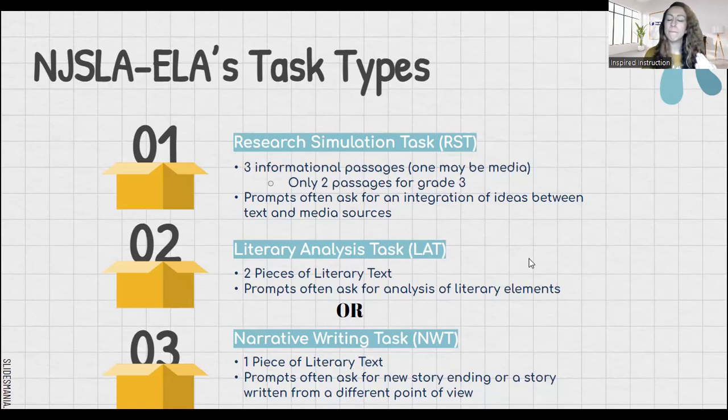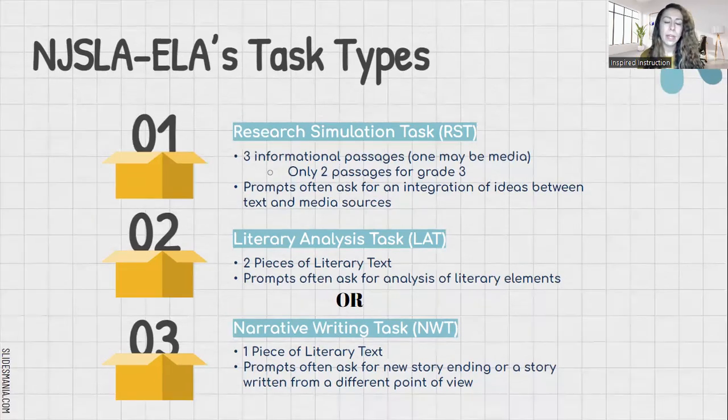So if they've read that literary text, the PCR, the prompt that they're going to be asked to write about, might say, okay, now that you've read this story, rewrite the ending in a new way, or take this story and rewrite it from a different character's point of view. Okay, so we want to incorporate those kinds of conversations with students and make them aware of what kinds of prompts they might see.